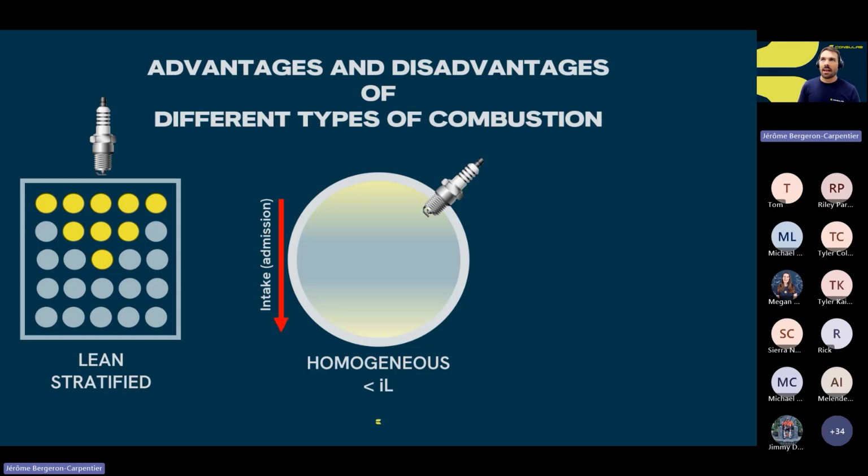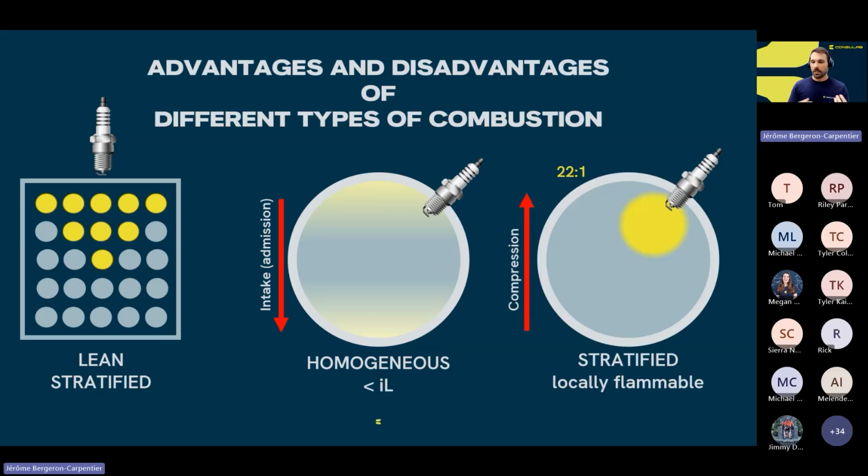So let's say we have that 22-1 ratio on a standard engine, it wouldn't be able to have any combustion. So that engine wouldn't run at all. That mixture with too much air is going to be introduced into the cylinders during intake. But imagine we now have the GDI and stratified strategy.